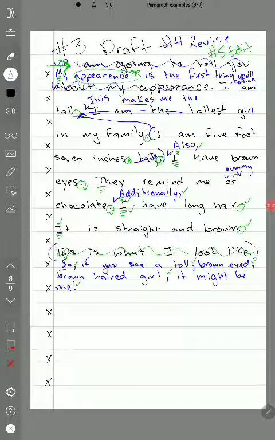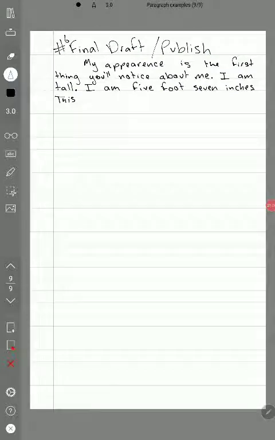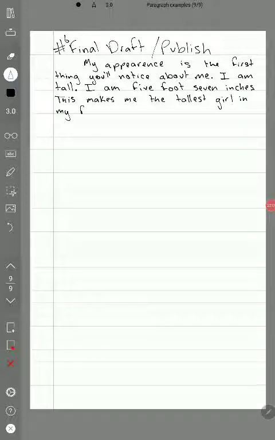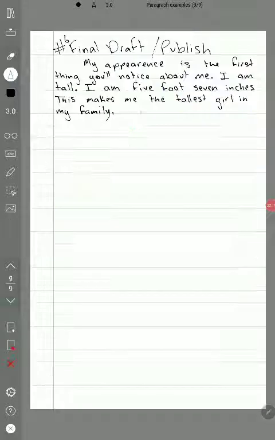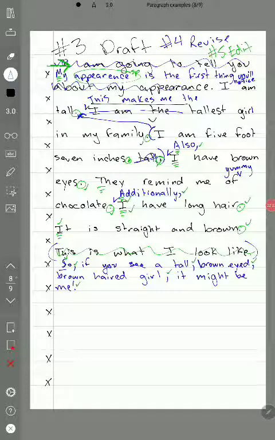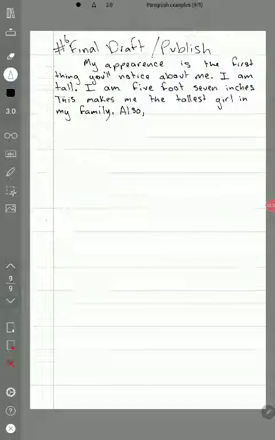Make sure I have this statement. This makes me. Good. Got that. Start my next sentence also. Ooh, what was my detail? I have brown eyes. That's right.